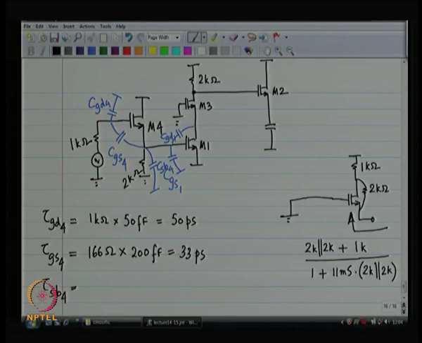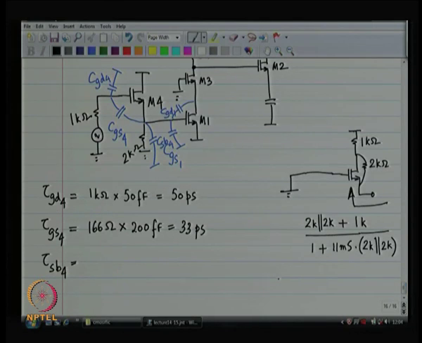It is really 1 by GM plus GMB, it is really RDS by 1 plus GM plus GMB times RDS, right. Once again it is the same formula.